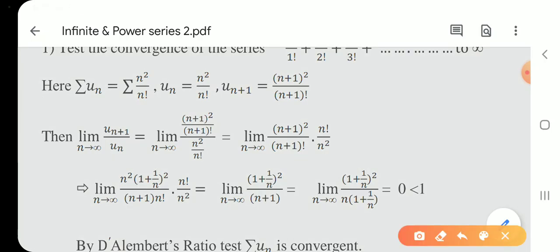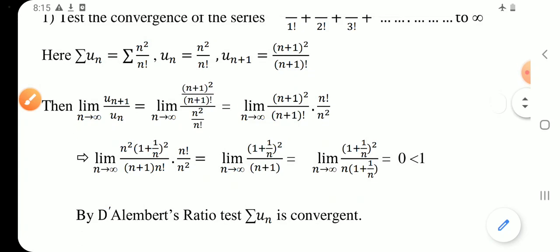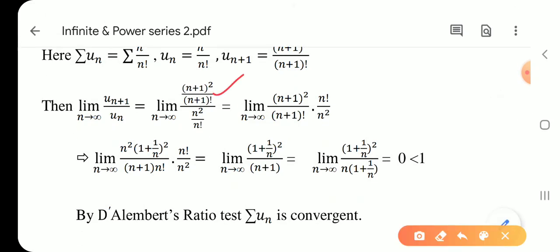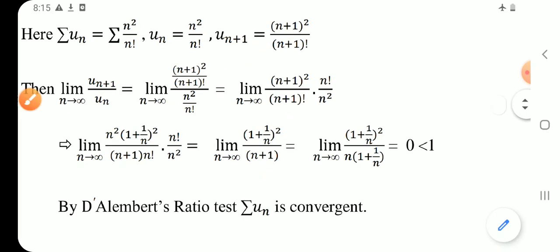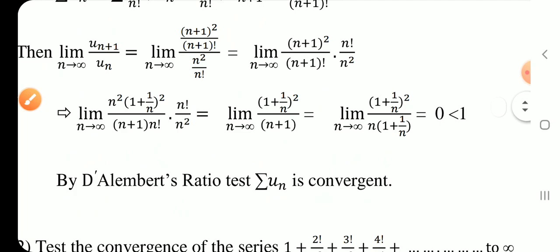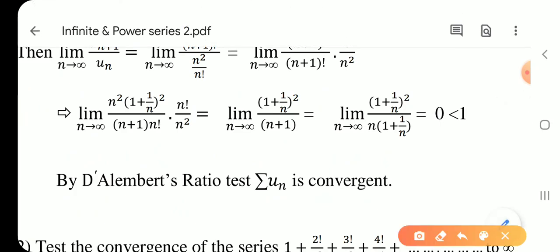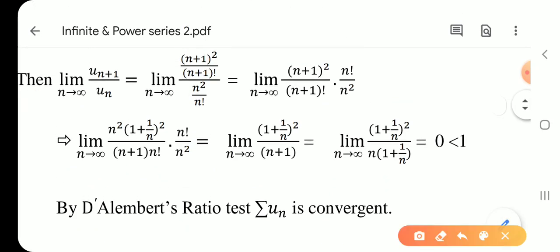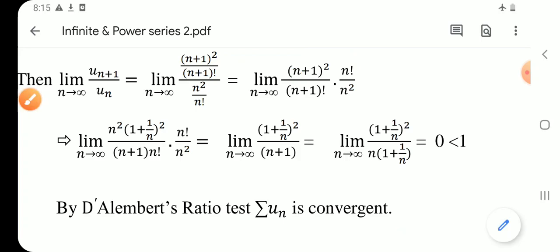So here it becomes, numerator I have written as it is. Here I have taken the reciprocal. So n factorial by n square. We will try to simplify this. As we have done in the previous examples, from the numerator, if you see, n is there, so the highest power will be n square.